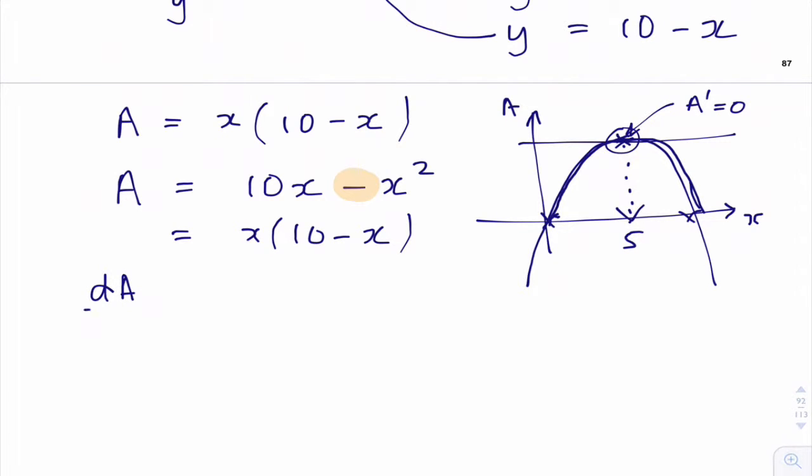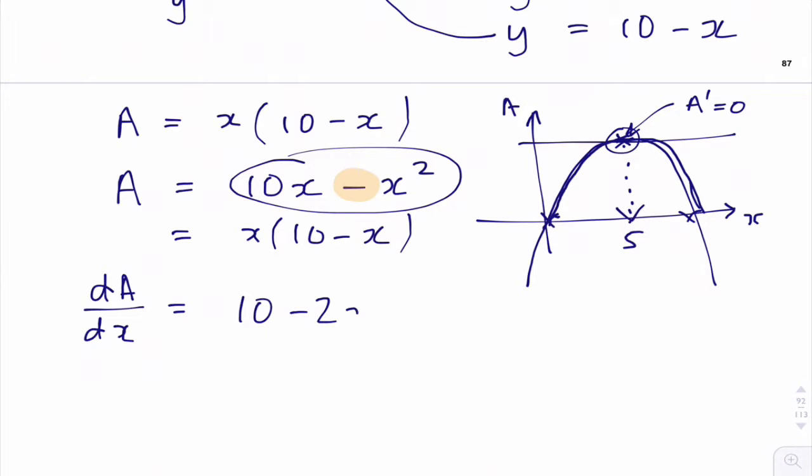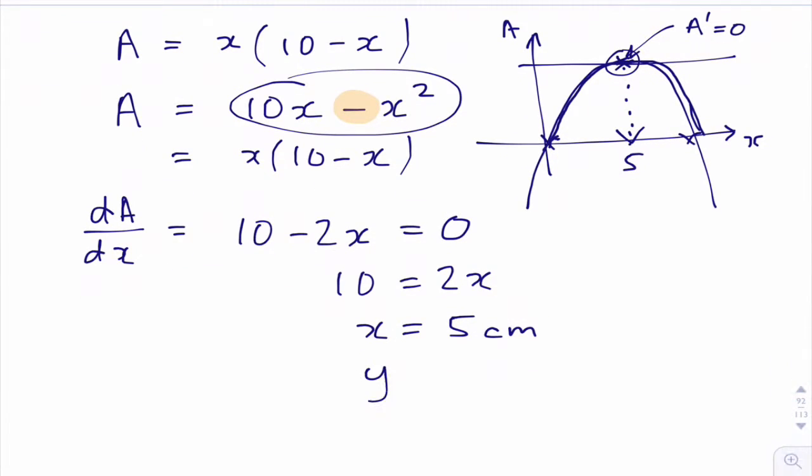This is actually dA/dx, the rate of change of A with respect to x. So looking at this expression here, it's going to be 10 minus 2x. Okay, and we want to know when the slope is equal to 0. So if we add 2x, divide by 2, you can see that x is equal to 5 centimeters.